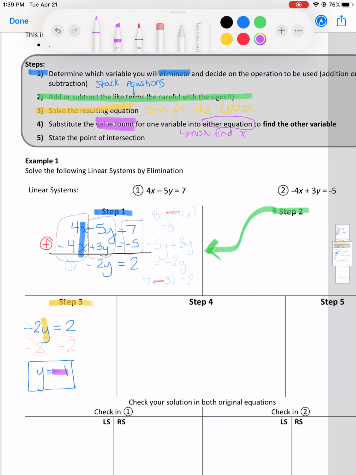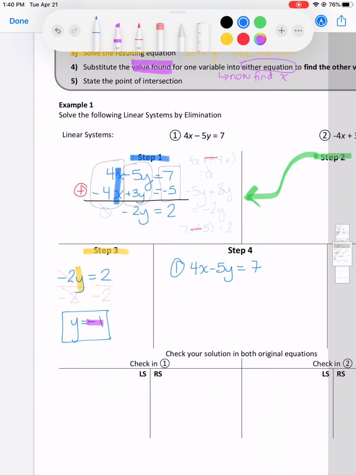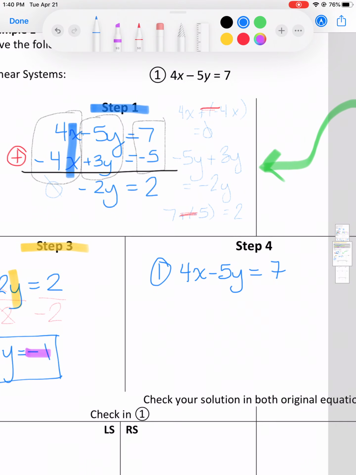Usually in a note, I do both just to show you guys, but for time and whatever, I'm not going to bother. Okay, so I'm going to pick the first one. And we're going to sub this negative 1 in for y, because y is equal to negative 1, right?